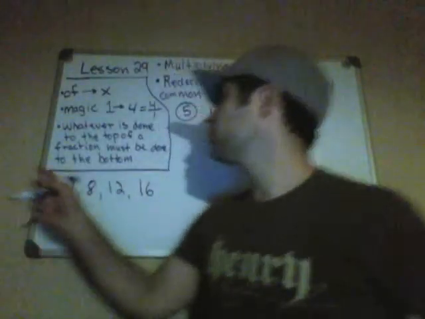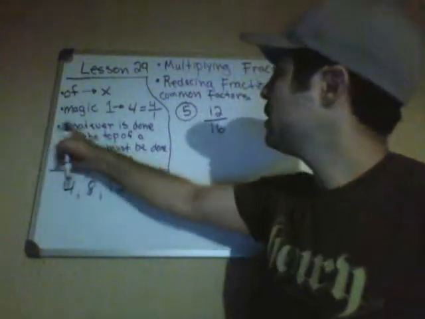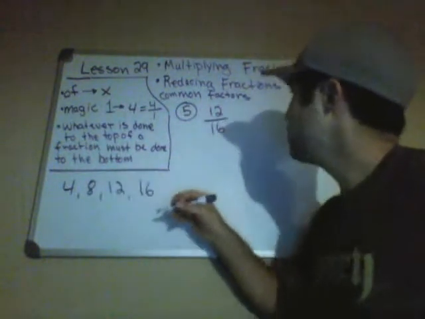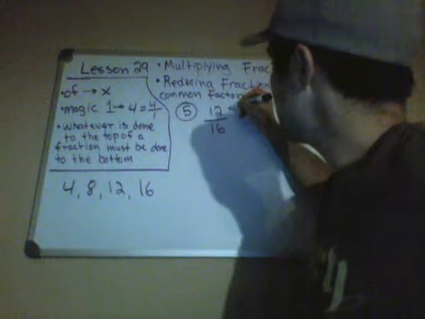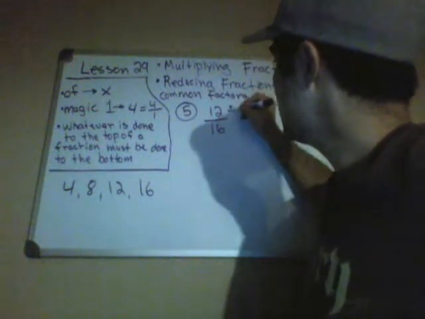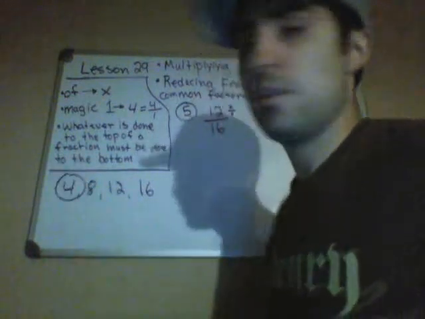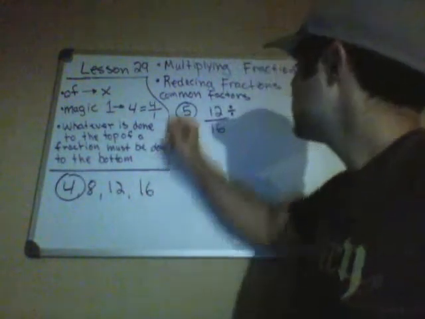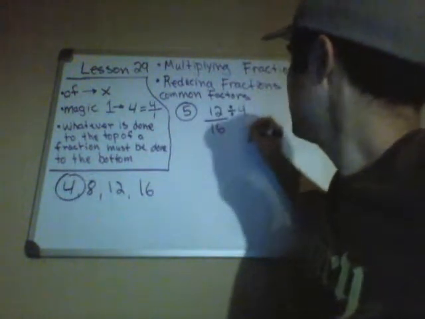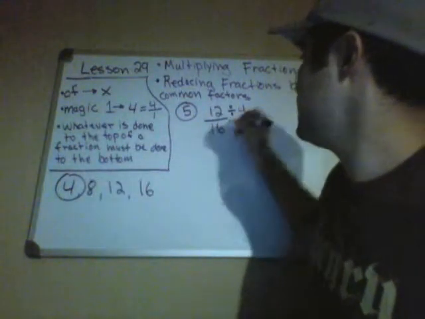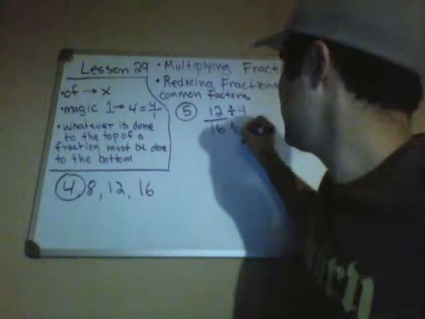Now we're going to come over here to our little rule box. Whatever is done to the top of a fraction must be done to the bottom. So basically, I'm going to take the top of this fraction and divide by our common factor of 4. So 12 divided by 4, and it says whatever is done to the top has to be done to the bottom, so I'm going to take 16 and also divide that by 4.